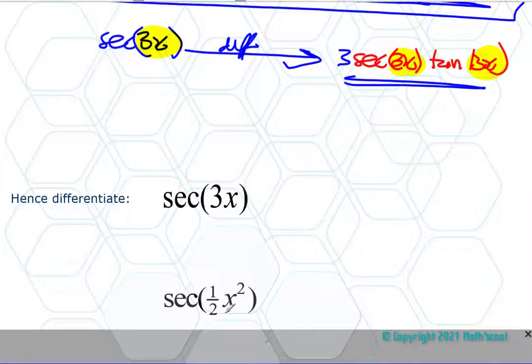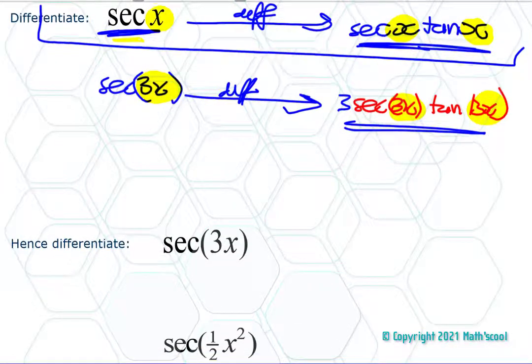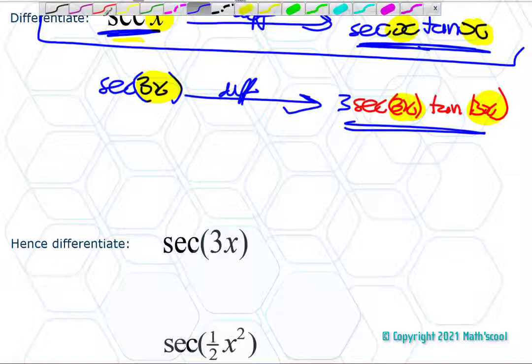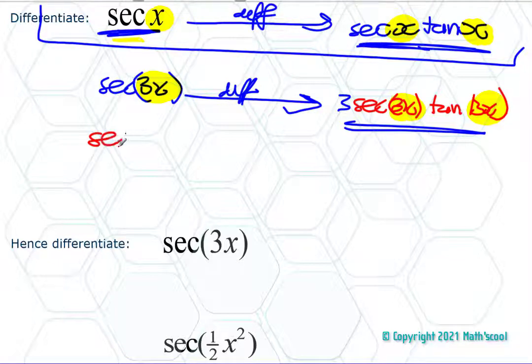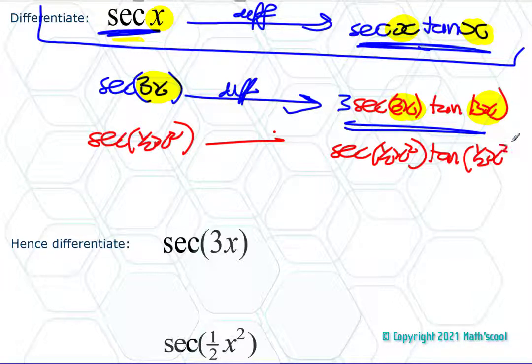Now it says differentiate sec a half x squared. Again, somebody who doesn't know the chain rule, but just has come across this rule here, which is that sec x differentiates to sec x tan x, they might think that the answer is sec a half x squared differentiates to sec a half x squared tan a half x squared.